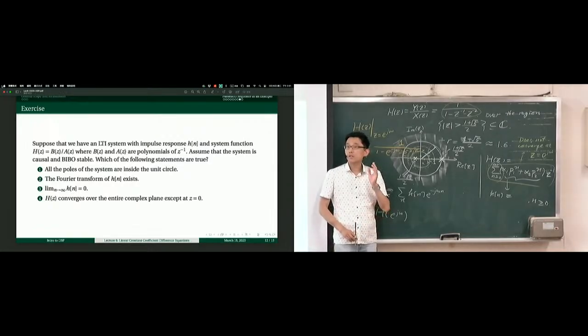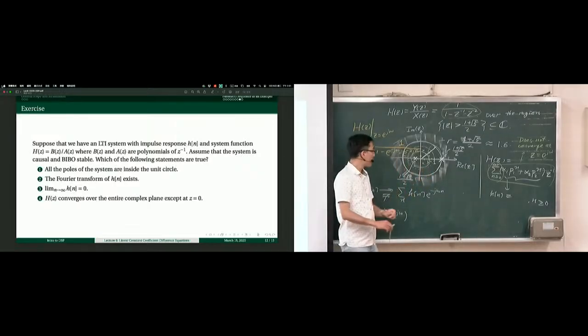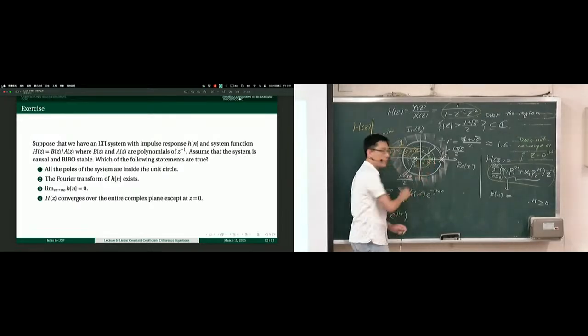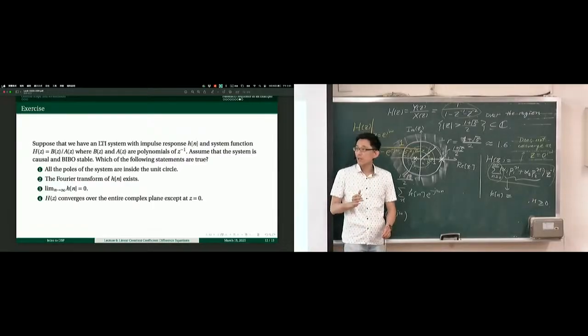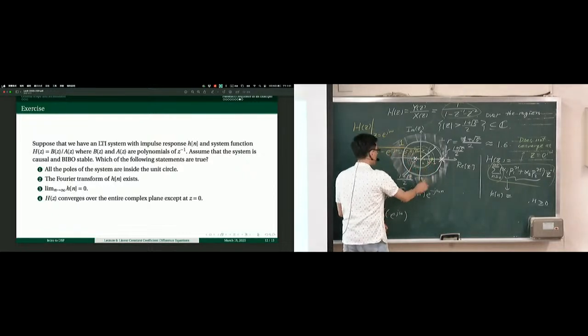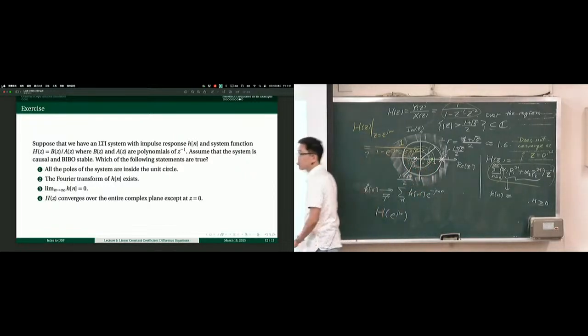It is outside the largest radius. That's the pole furthest from the origin, the pole with the largest radius, and the region of convergence will be outside this circle, which includes the unit circle.